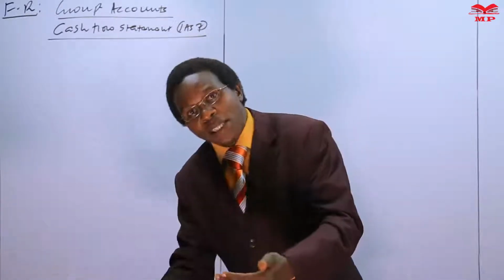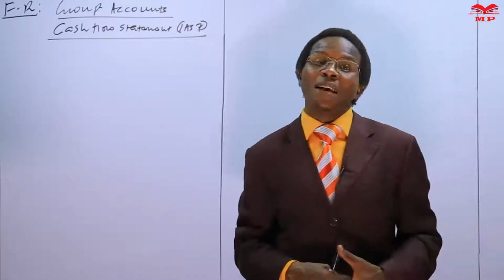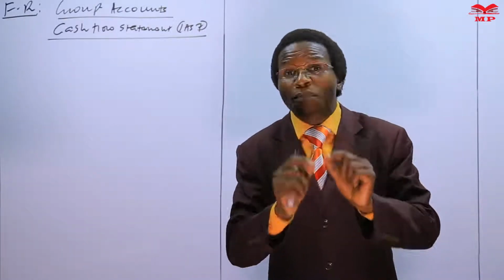The direct method simply gives us information on how much cash we have received from operations, our principal revenue generating activities. How much have we received from our customers by selling goods and services? How much have we paid to our suppliers, not only for goods, but also for services rendered? So it comes very direct.